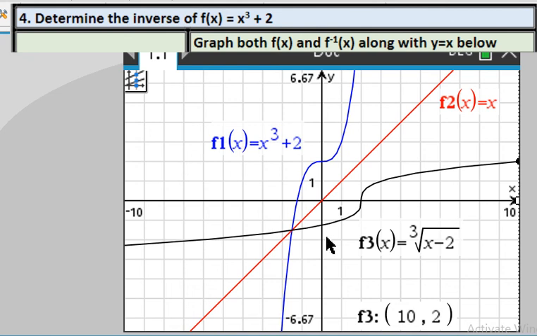And that's how we graph the cube root appropriately, because there are real cube roots that are negative, just not square roots.